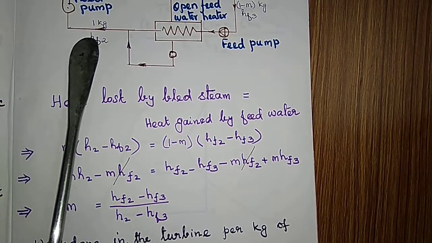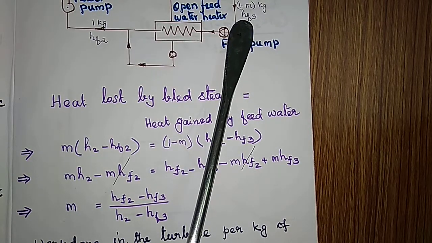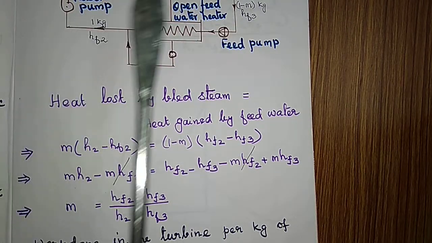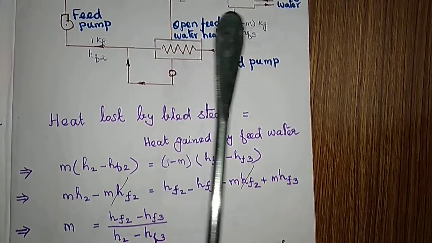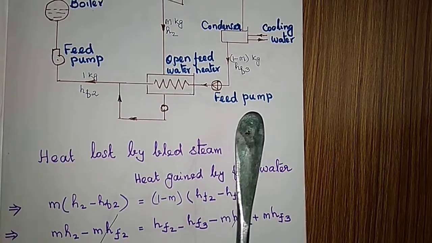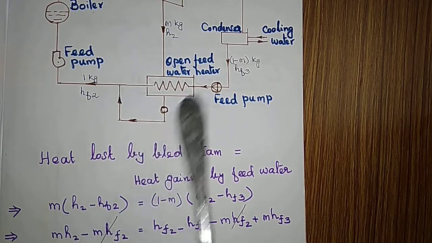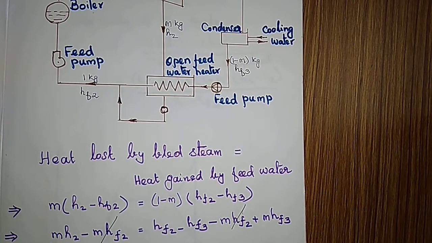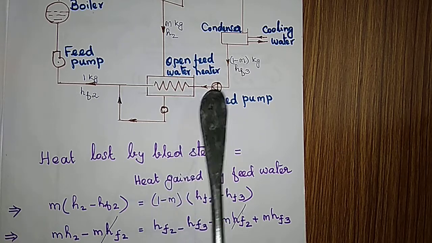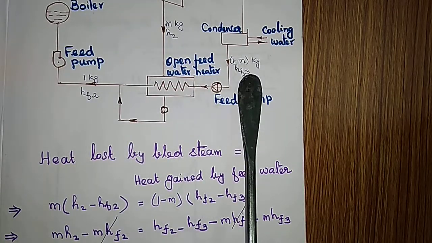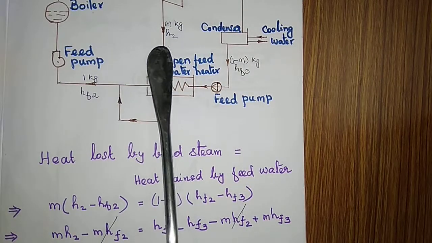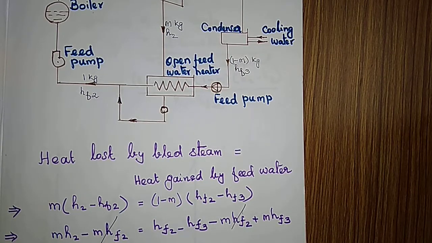HF2 is here, HF2 minus HF3 divided by H2 minus HF3. This is m. If you want to find out the bled steam quantity, that is nothing but (HF2 minus HF3) divided by (H2 minus HF3).